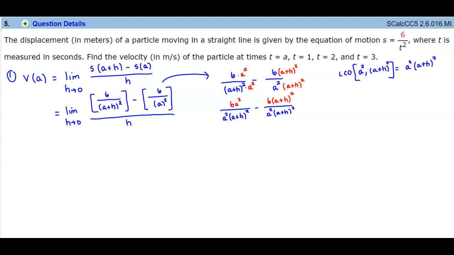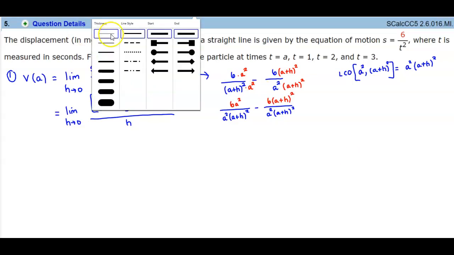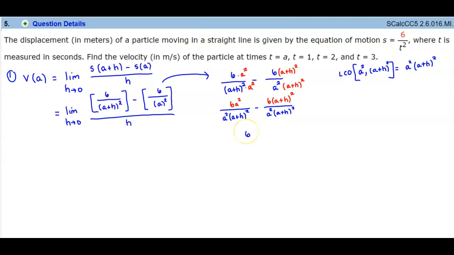Okay, so let's go ahead and simplify that a little further. So we get in the numerator 6a squared minus 6 times a plus h squared, and that's divided by a squared times a plus h squared.